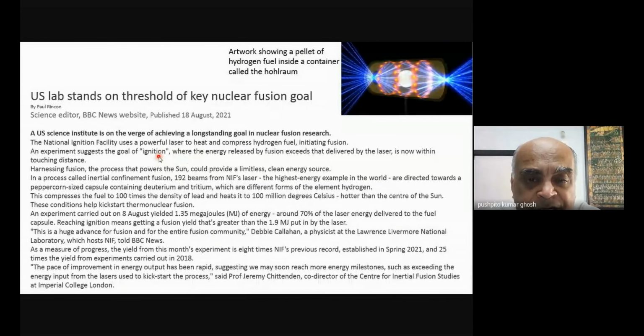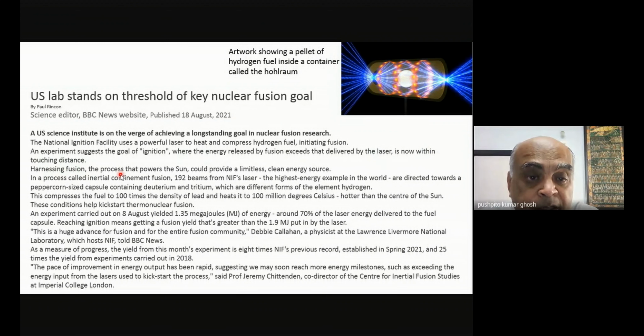What is meant by ignition? That I must be able to produce more energy than what I put in. Then I've got a spontaneous ignition. Otherwise, I don't have ignition; it will be self-limiting. The goal of ignition, where the energy released by the fusion exceeds that delivered by the laser, is now within touching distance.